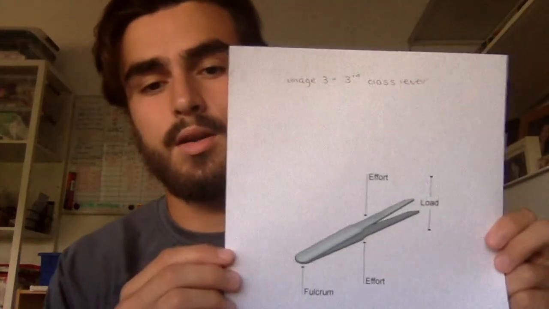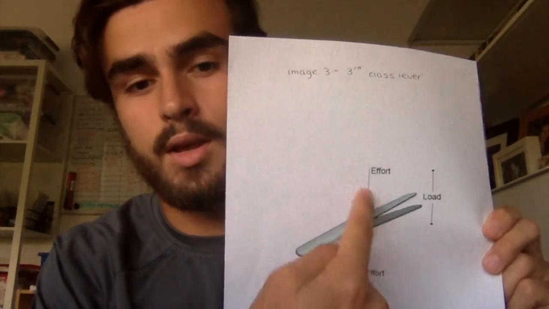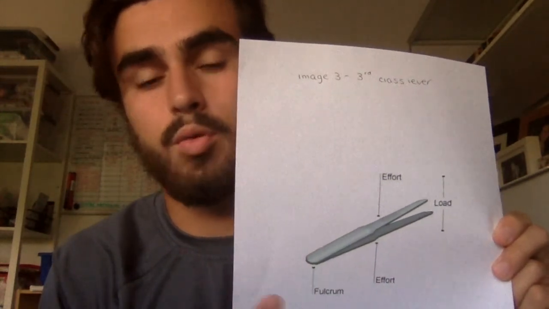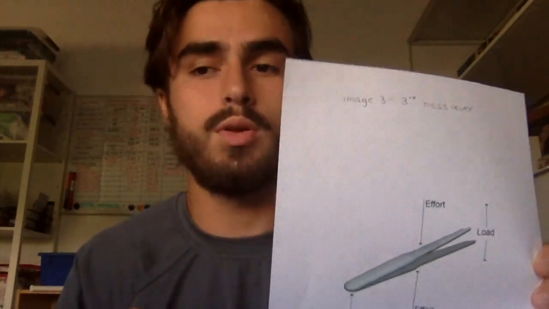And finally, the third class lever is the most common lever inside the body. Effort is applied in between the load and the fulcrum. It works speedily, however, it is unfortunately always at a mechanical disadvantage.